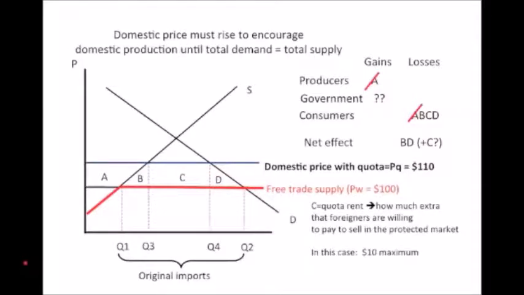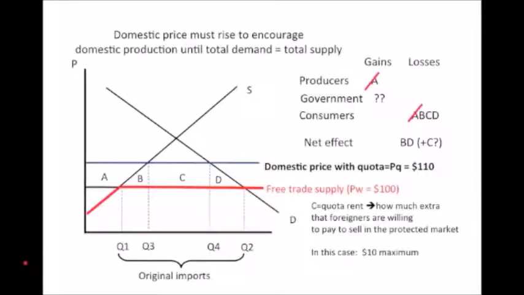Now, if a foreigner gets a license, gets to sell inside the domestic market, they sell it for $110. If they sell this same product anywhere else in the world, it's $100. The difference between those two is the quota rent. The foreigner would be willing to pay up to $10 in order to get access to this protected domestic market.